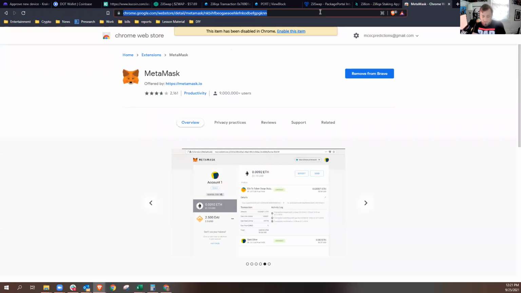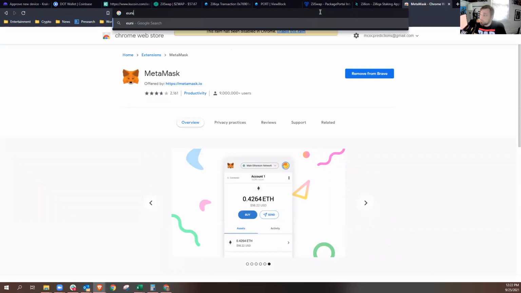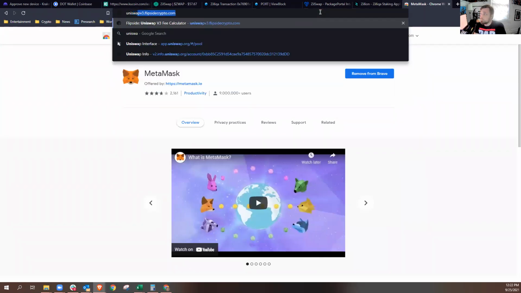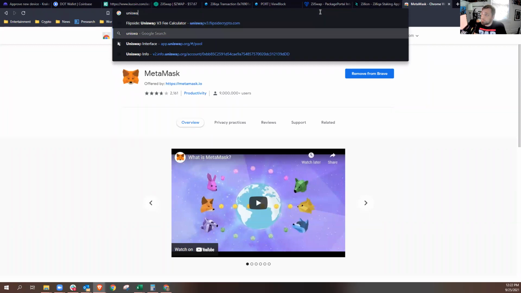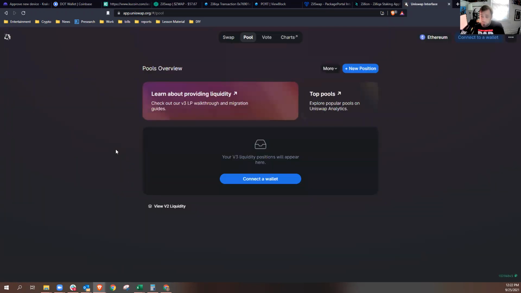You can do this on most blockchains. So if I go to Uniswap, this is an Ethereum-based exchange where there's no company. It's not like Coinbase. Coinbase has a CEO. Coinbase is a publicly traded stock.